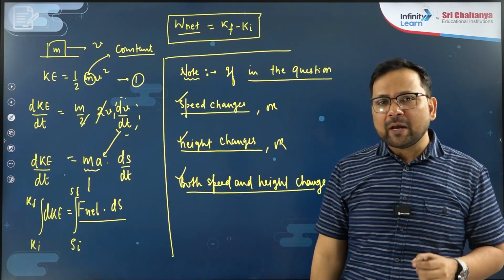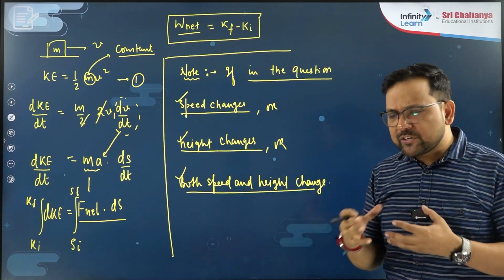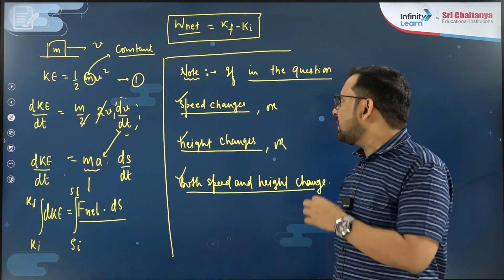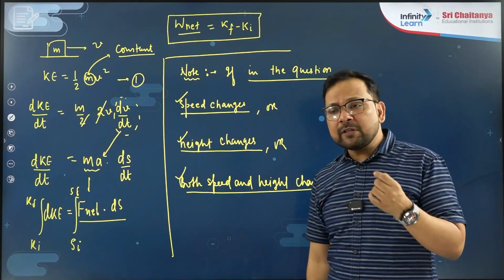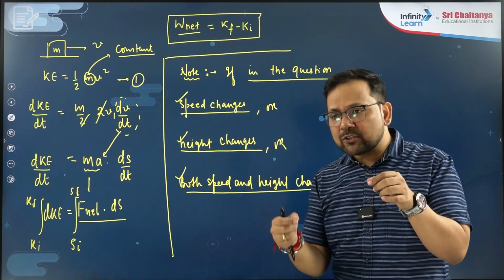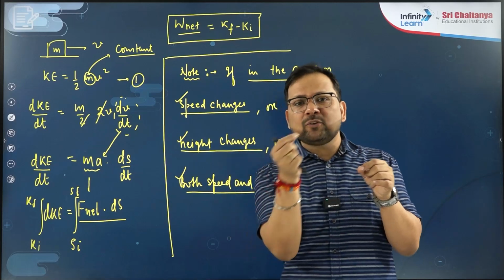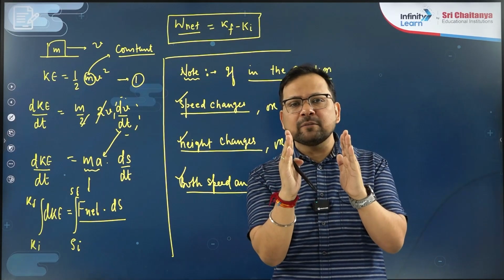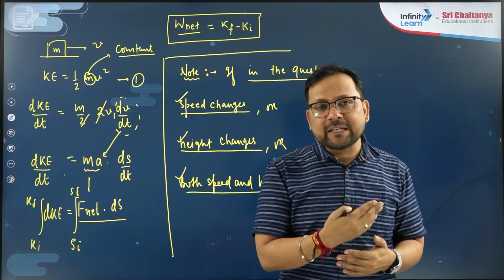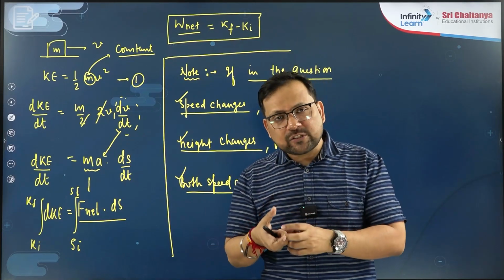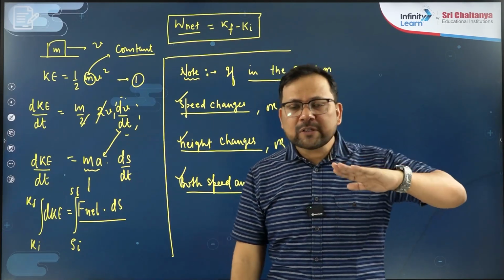So when you do a situation based numerical, where some situation is given and you find that, directly or by equation, speed is changing, even in a semiconductor question, where an electron is going from n side to p side and there is a potential barrier in between, what is the final speed of the electron, how much does the speed change? Such a question can be done by the work energy theorem.